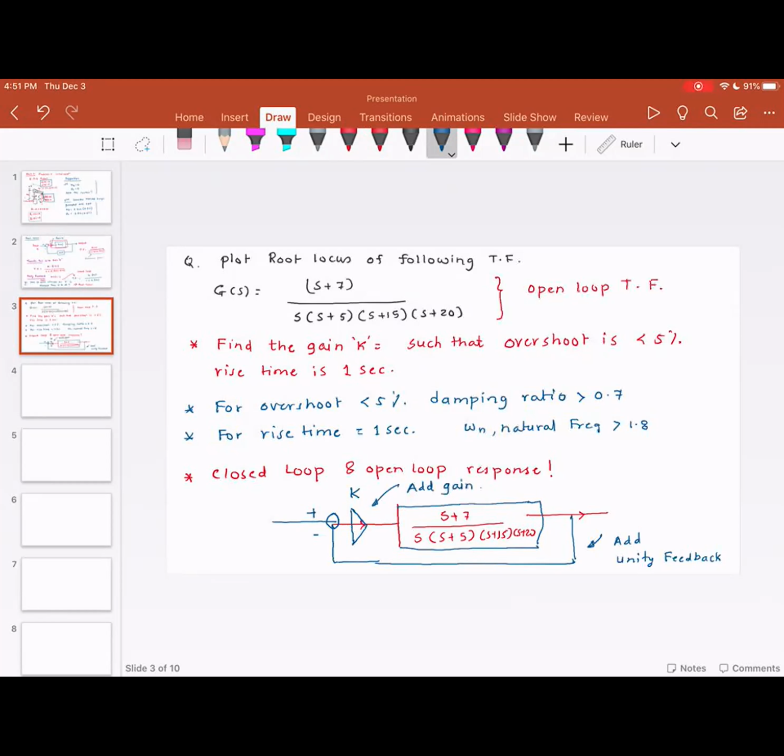Now this system has become closed loop. But at this point, the value of K is not known. We do not know what the value of K is.